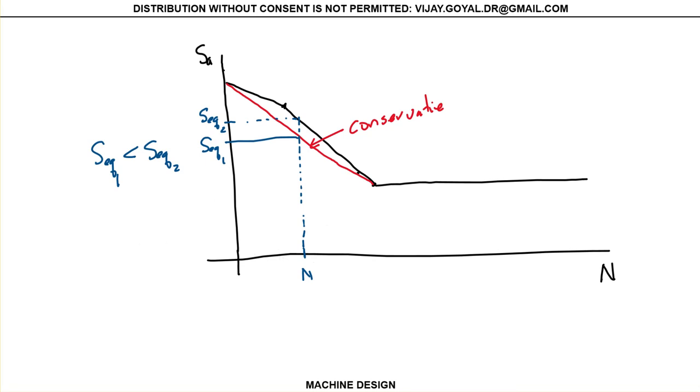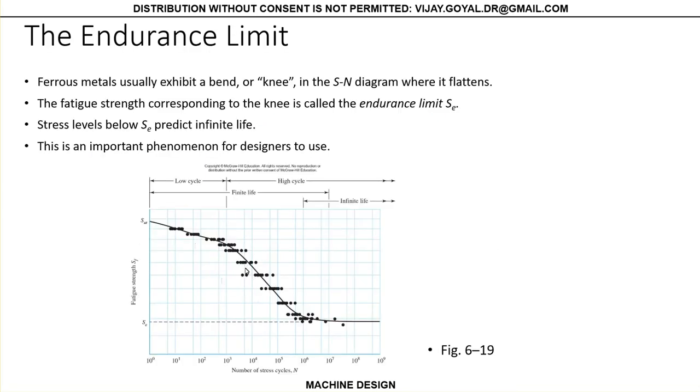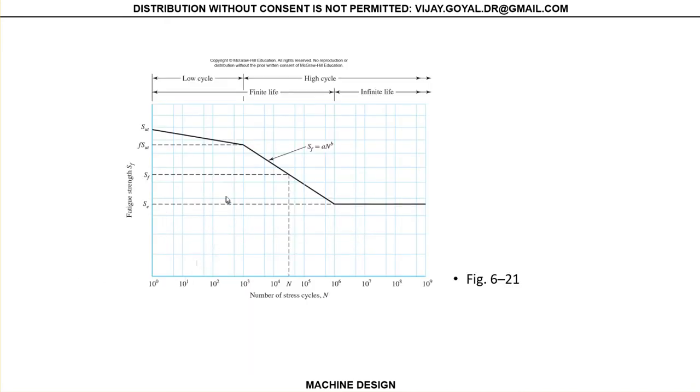Okay, now a typical SN diagram has a knee, as I just mentioned, and a nicer diagram may look something like this, where you want to find your fatigue strength, and just know that this fatigue strength is actually from your Goodman theory. Okay, that's what it is.